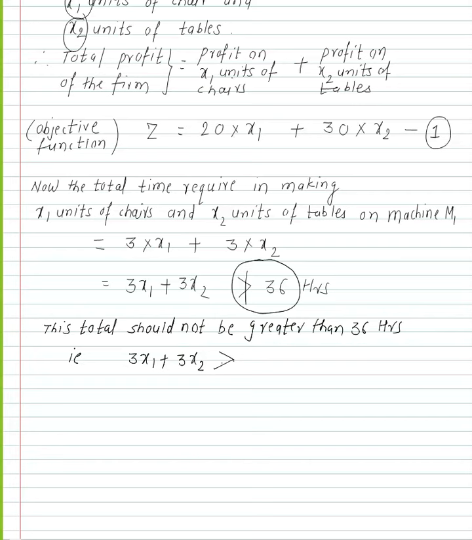This time should not be greater than 36 hours, and therefore the constraint on machine M1 is 3x1 plus 3x2 is less than or equal to 36. Suppose this is equation number 2. Similarly, we find the constraint on machines M2 and M3.